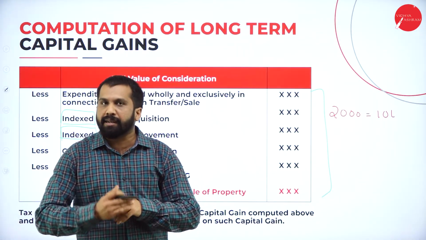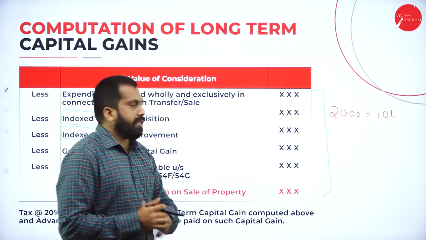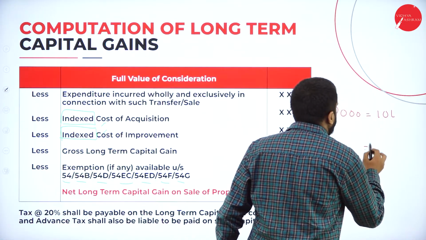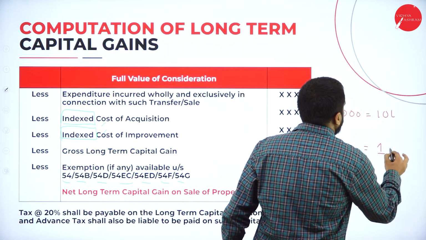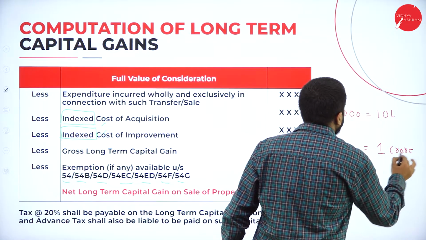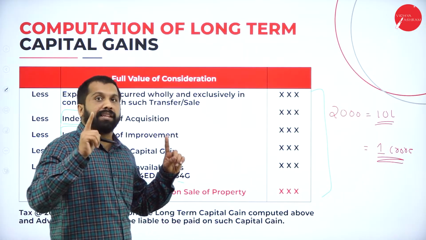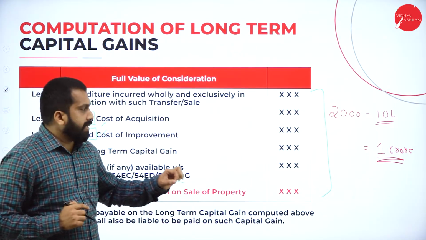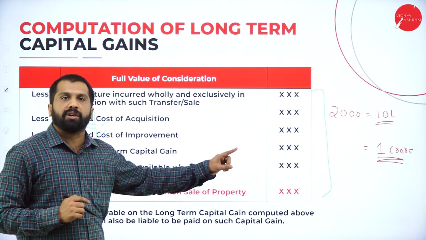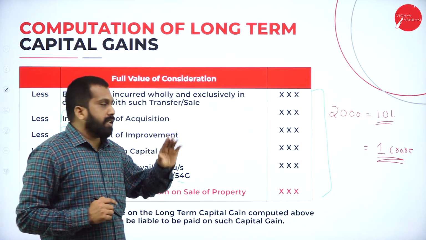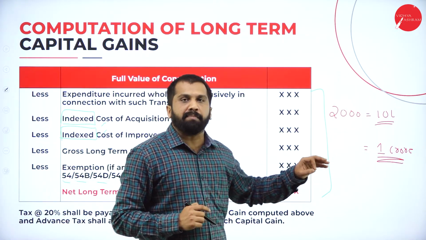Now you know the demand for land. Now the 10 lakh has become 1 crore. At the time of purchase, it was how much? Only 10 lakh. Now what is the price? Now it is 1 crore. Hope you are clear? Yes. That 10 lakh has now become 1 crore.